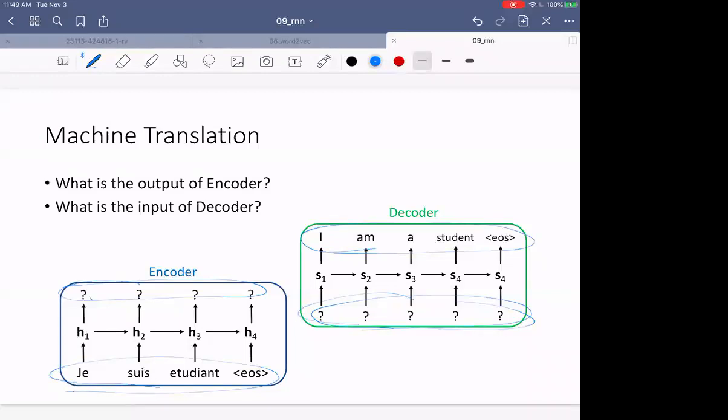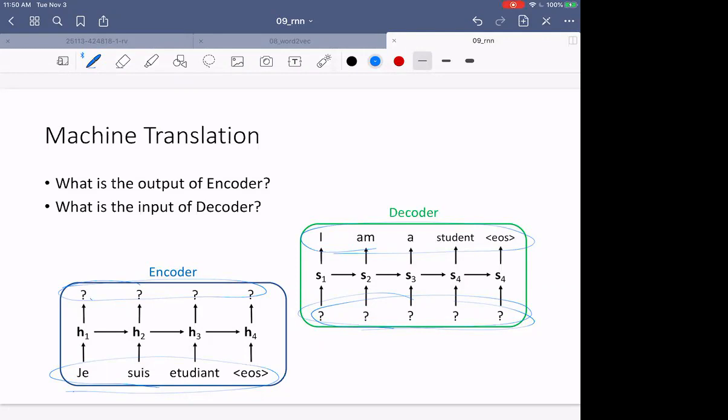So the H4 plus X4 decoder input. X4. Oh, the input to the decoder should be H4 and X4, X4 being the end of sentence. That's about half right.